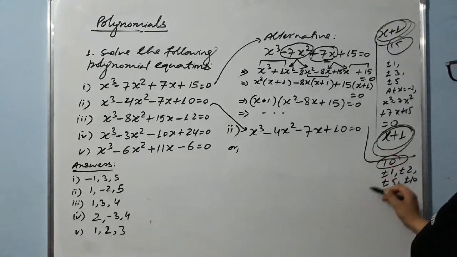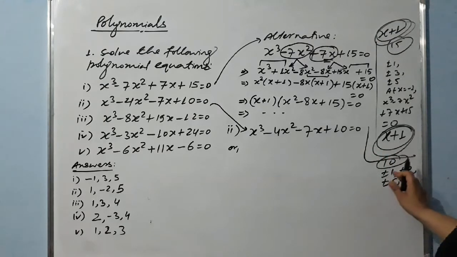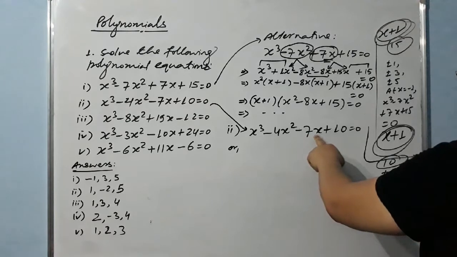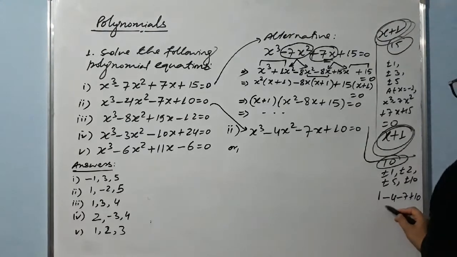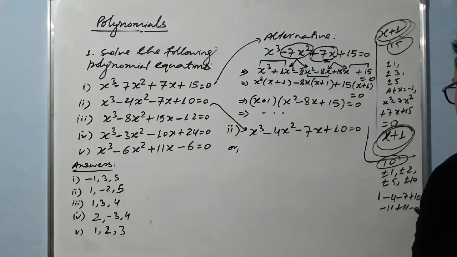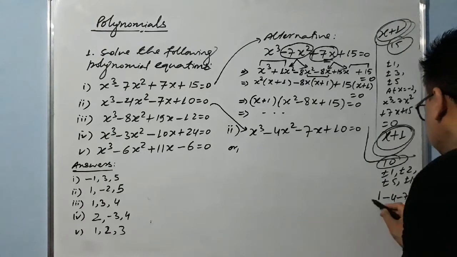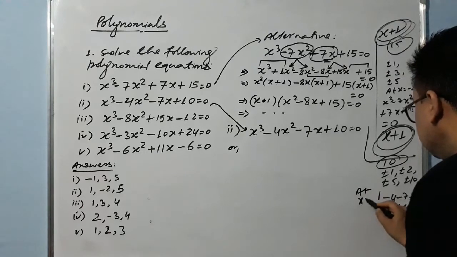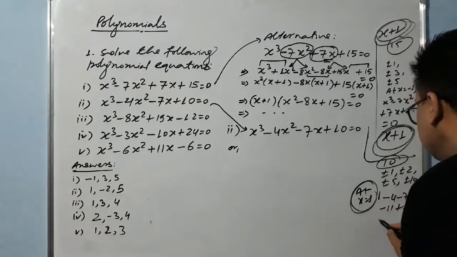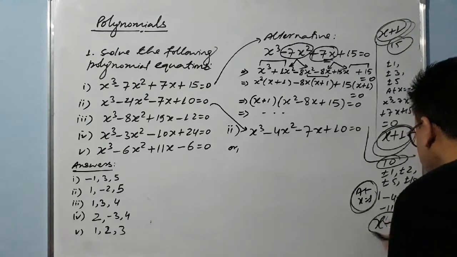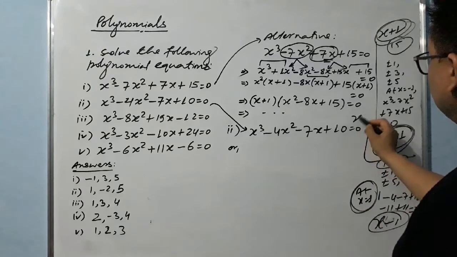Let's try at x is 1. 1 minus 4 minus 7 plus 10: minus 11 and 10 plus 1 makes 11 in total... you are going to get 0 from here. So at x is equal to 1, x minus 1 is a factor of this function. So let's take x minus 1.